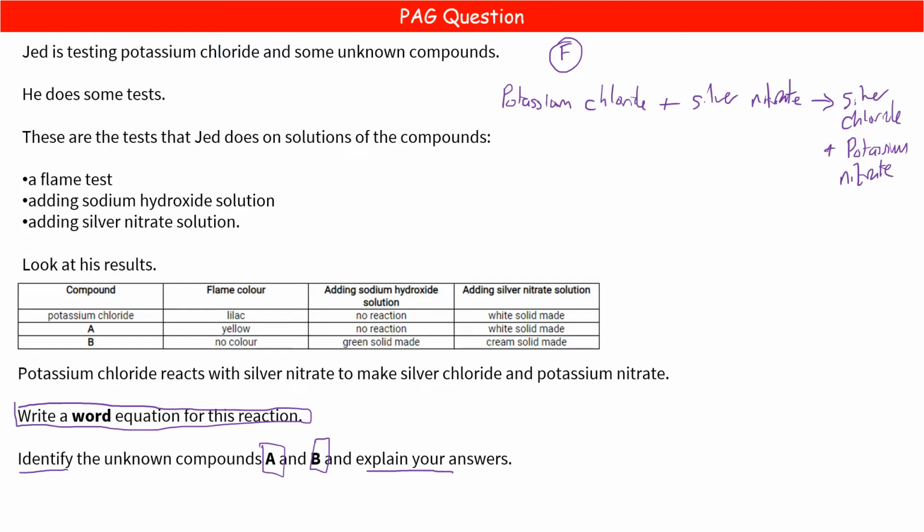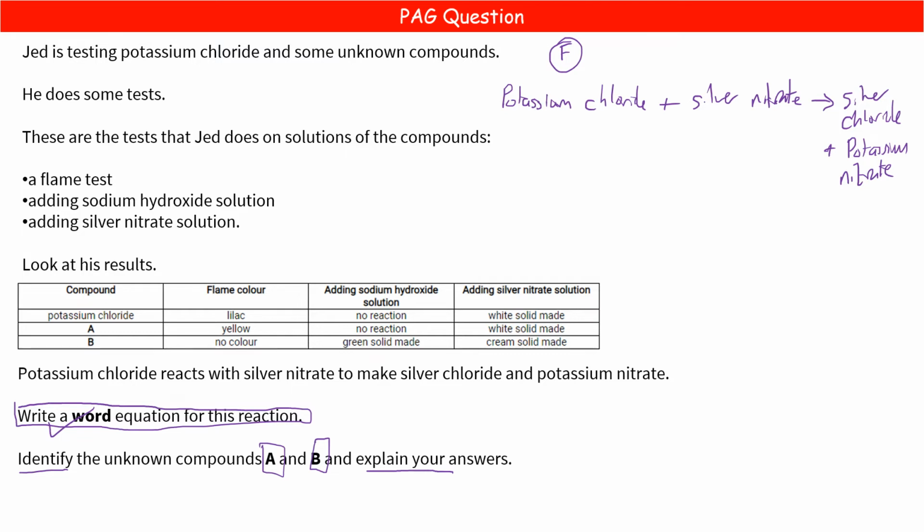So that's the word equation, and you can actually tick it off as you do it. Remember, you can highlight, underline, circle bits in the question absolutely fine. Tick them off as you go, just so that you know you've done it, because it's so easy to forget to do part of a 6-marker.